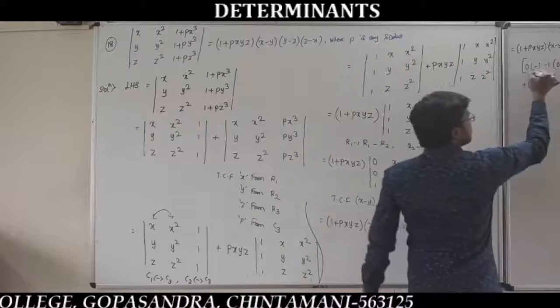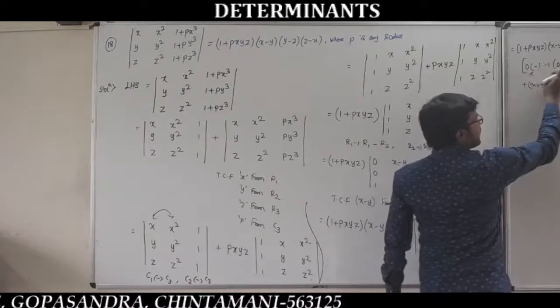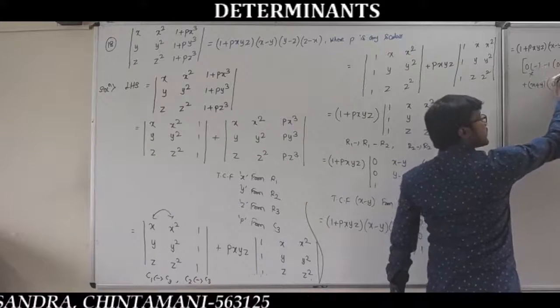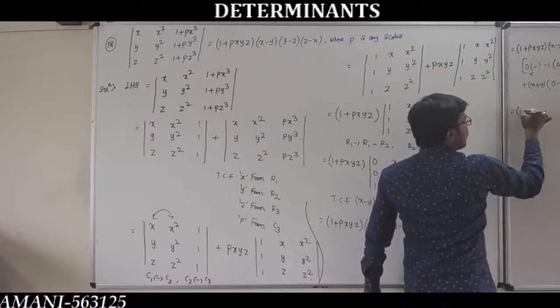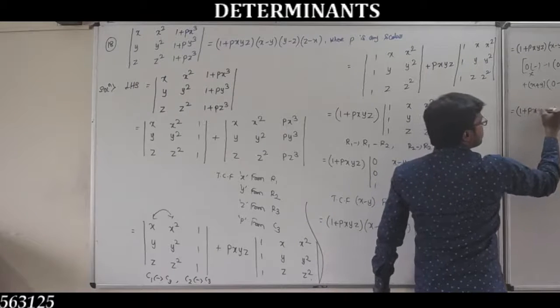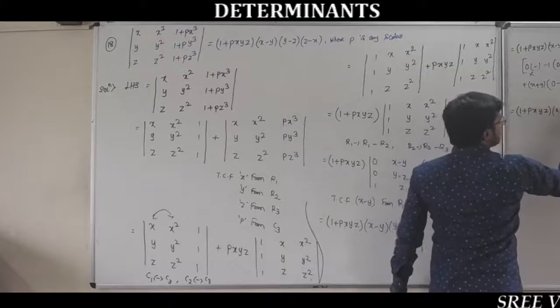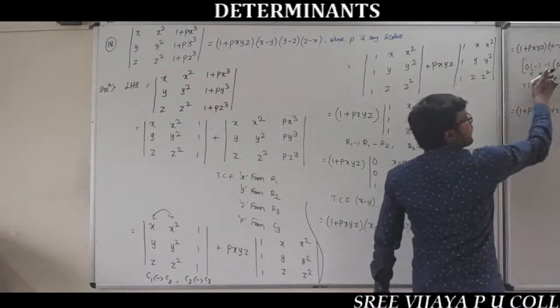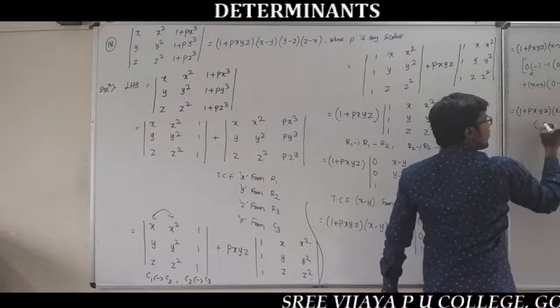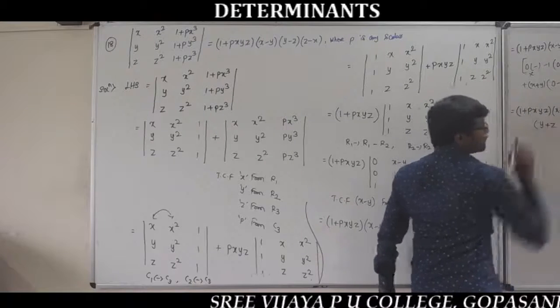So now simplify 0 into 0. So minus 1 is 0, that is a 0. This minus into minus becomes plus. So this one is 0, this becomes minus. So that equals to 1 plus p times of x, y, z into x minus y into y minus z into minus into minus becomes plus. 1 into y plus z is y plus z.